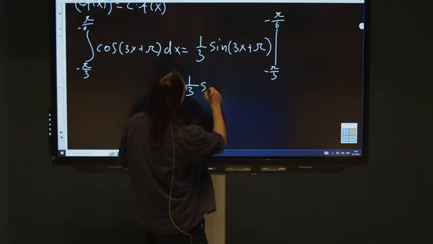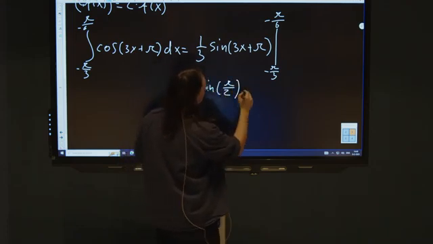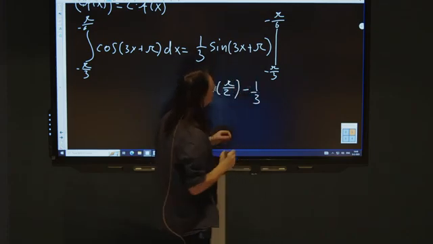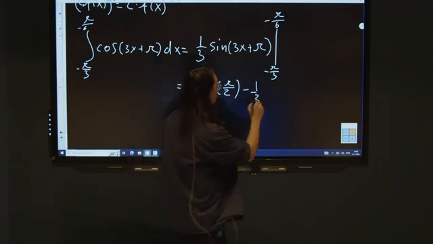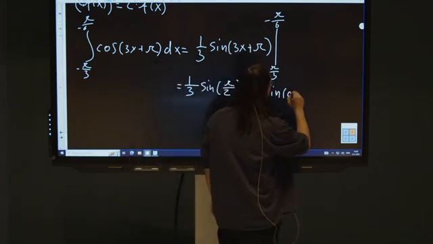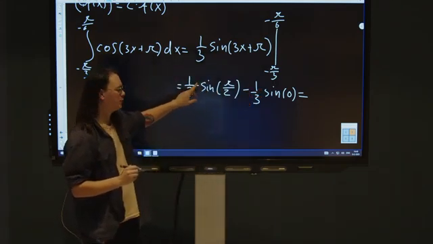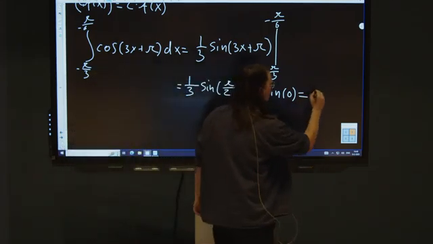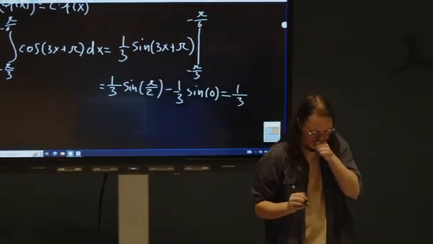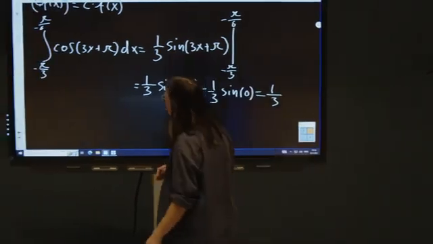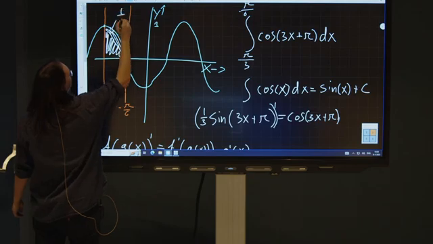So that's sine of a half pi. Minus 1/3 times, if I plug in minus pi over 3, I get sine of 0. Sine of 0 is 0, and sine of pi over 2 is just 1. So I get 1/3. So that area that we see up here, that area is 1/3.